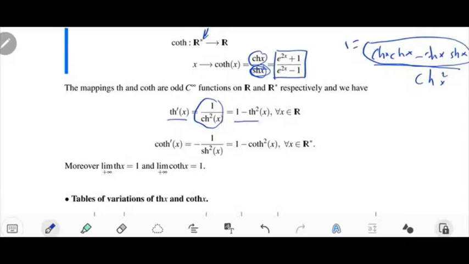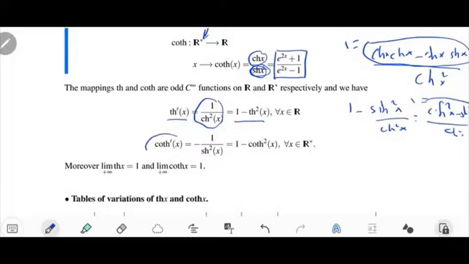It's also equal to 1 minus th squared, because 1 minus th squared is 1 minus sh squared x over ch squared x, which is equal to ch squared x minus sh squared x over ch squared x, and this is equal to 1. Okay, and then the derivative of the hyperbolic cotangent x is equal to minus 1 over sh squared x, which is 1 minus coth squared x. So we can do the same calculation as for the th in here.